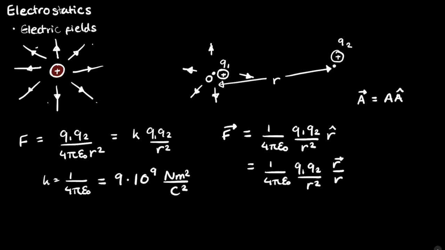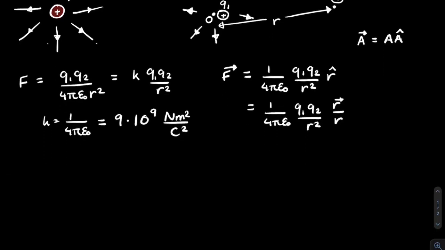So yeah. Now the reason why we quantify it as a vector is because the direction in which this force acts is going to depend on the signs of the charges. Now of course you guys are probably familiar with the fact that two like charges will repel one another. So the force that acts between these two charges is going to be away from each other. Now we always represent that as a positive force. A positive force acts to increase the distance between the two charges.